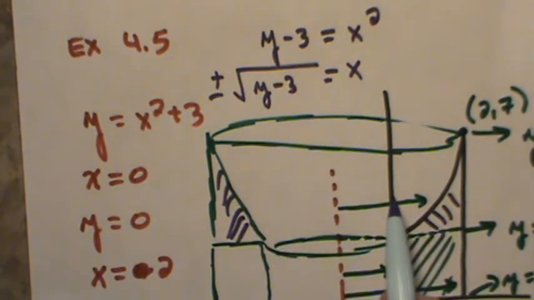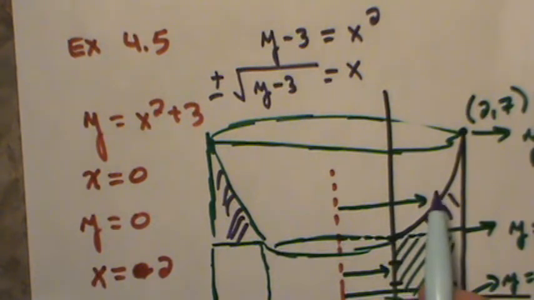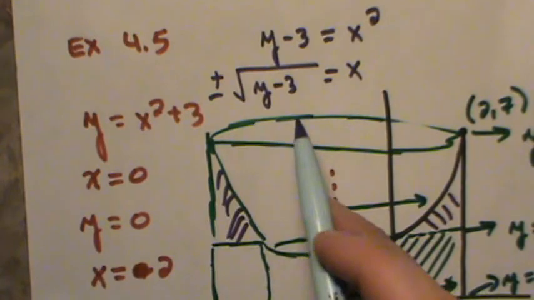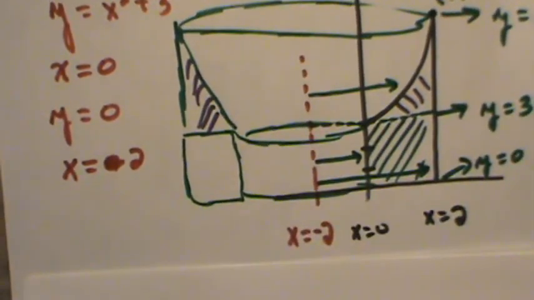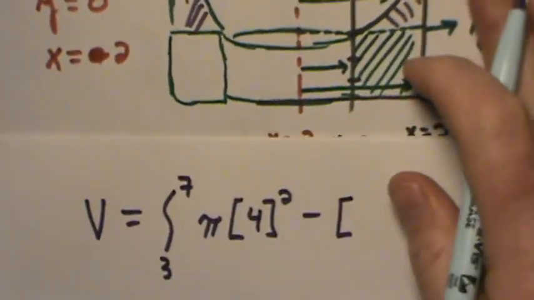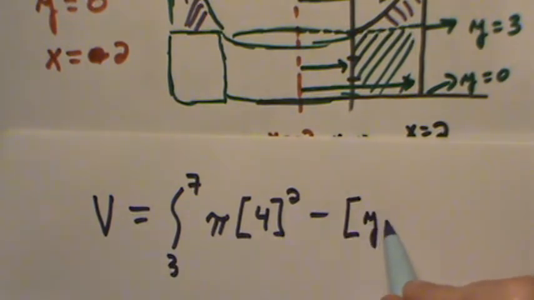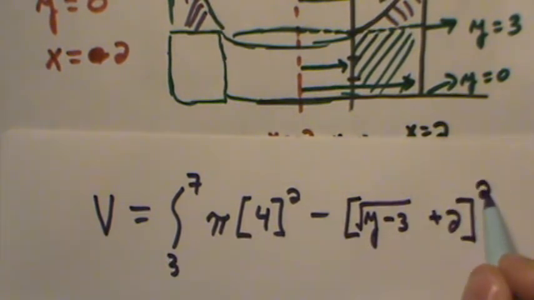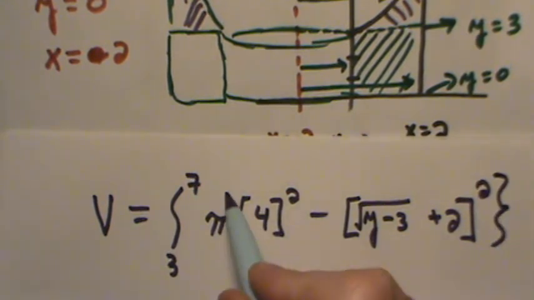Now my distance would be that minus negative 2. Minus negative 2 would be a plus 2, so this gets a little more complicated. This becomes radical y minus 3 plus 2. That then has to be squared. And of course all this is dy.